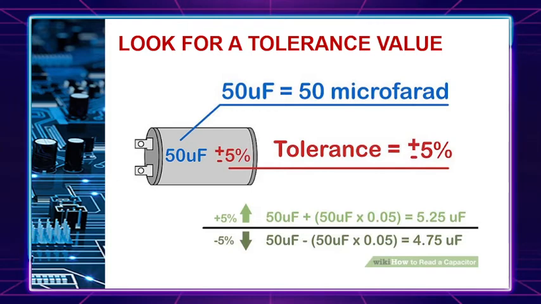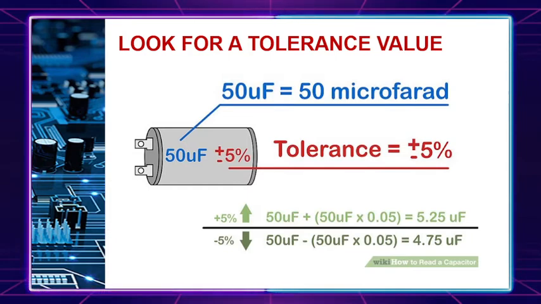So some capacitors list a tolerance, or the maximum expected range in capacitance compared to its listed value. This isn't important in all circuits, but class, you may need to pay attention to this if you require a precise or exact capacitor value.